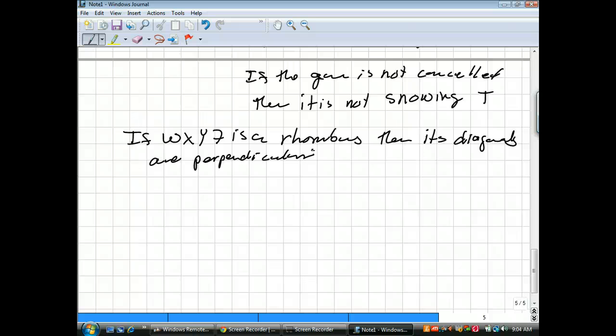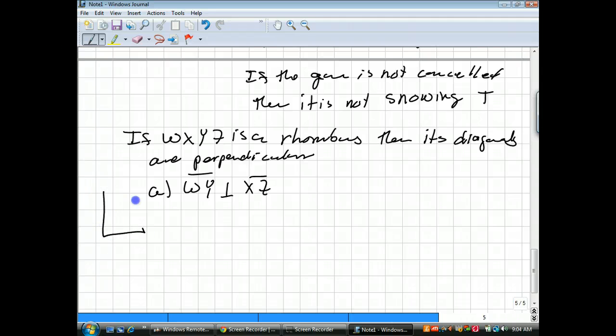Okay, and what additional conclusion can we come to, or can we come to a conclusion with each piece of additional information? So in other words, we know that the given statement is true. So if we also know that WY is perpendicular to XZ.